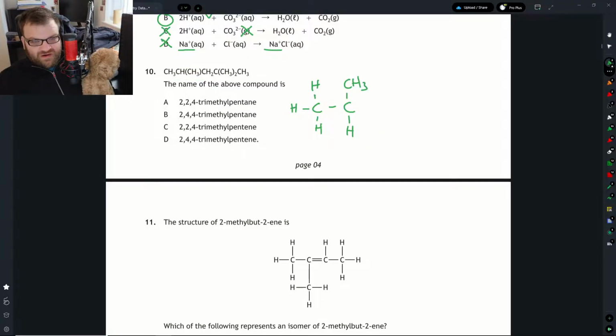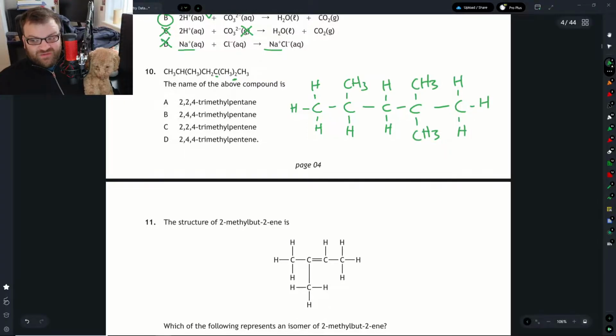Next up, we have a carbon with 2 hydrogens. If it's got 2 hydrogens on it, it has to be part of the chain. Then on to this carbon, it says that we've got 2 CH3s on it, like so. And then we've got our CH3 at the end.